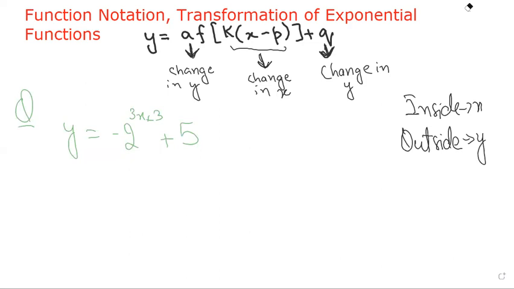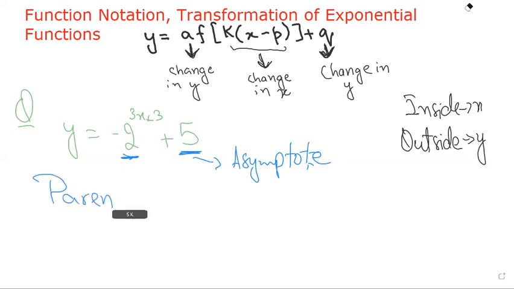The first thing which you should keep in your mind is that this thing is outside the bracket, it's considered as q, and we call this one the asymptote. Now what is the asymptote? We will explain it later. This number is called asymptote, while this thing is the base, or we can call it my parent function.